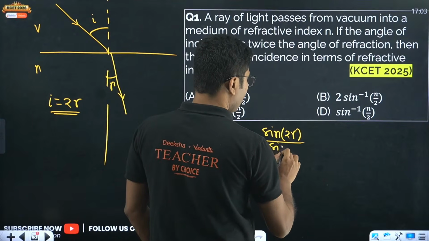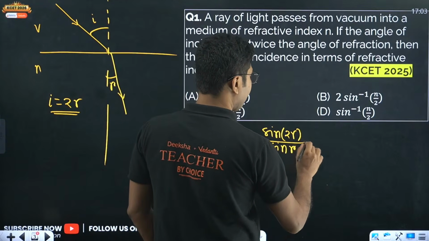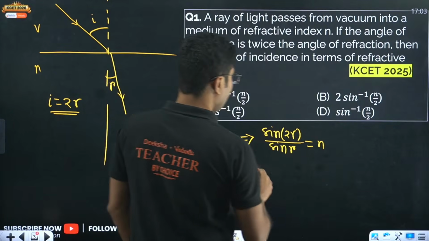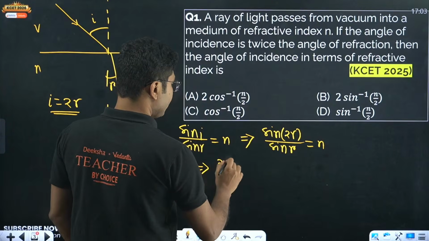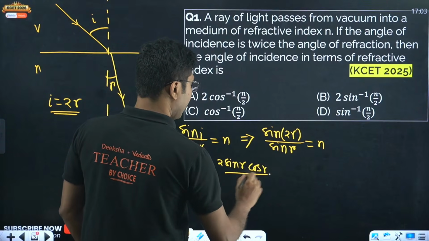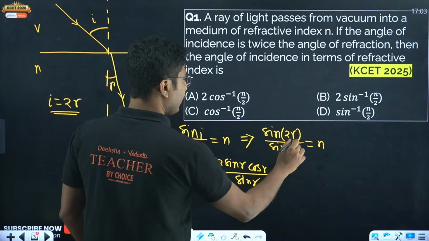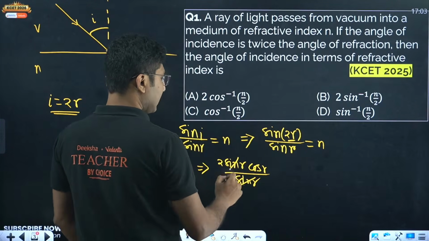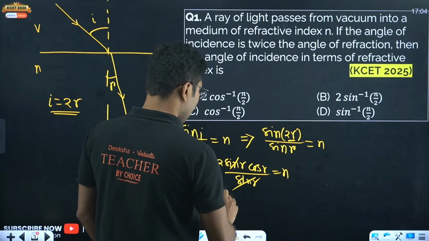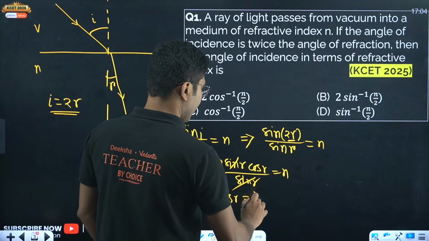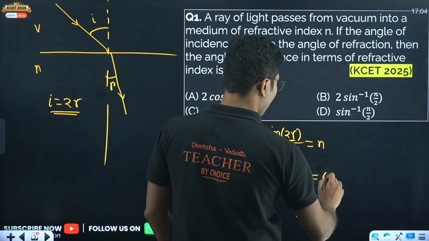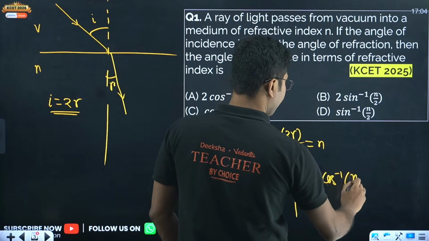Because obviously the sin 2 theta formula we can apply and cancel some terms. So n equals 2 sin r cos r divided by sin r. Sin r cancels, and we get cos r equals n upon 2, or r equals cos inverse n by 2.